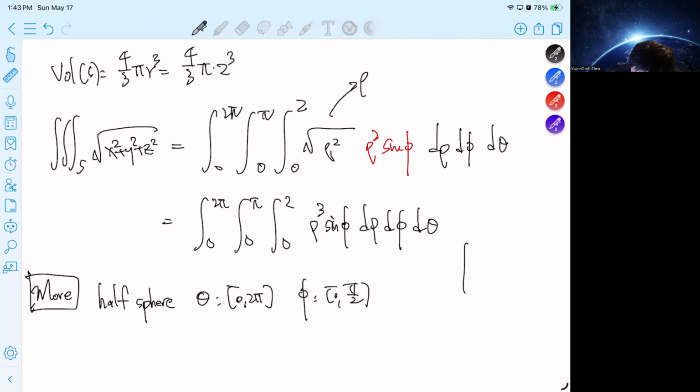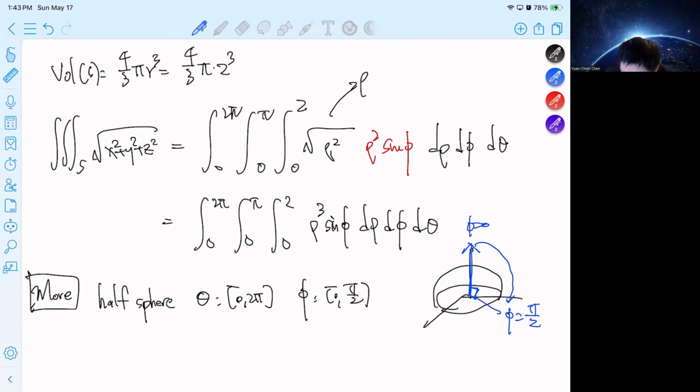So if I only have a half sphere, phi will go from here, phi equals 0, and going down to here. Only down to here, this angle is phi equals pi over 2. So phi is a little bit trickier.